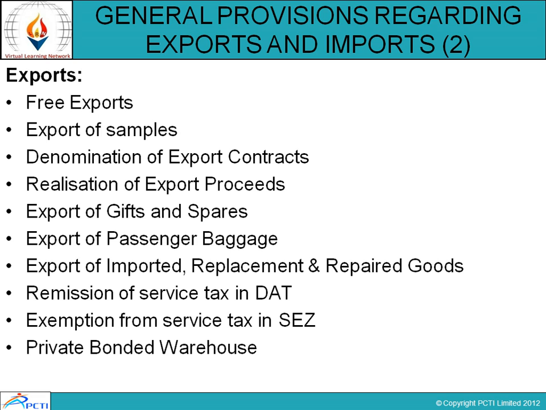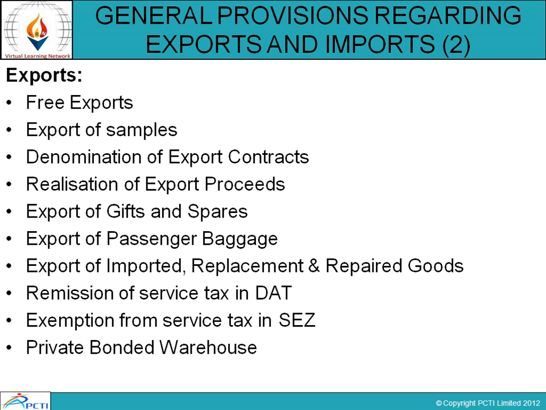Then realization of export proceeds. If any exporter fails to realize the export proceeds within the time specified by the Reserve Bank of India, he shall be liable to action in accordance with the provisions of the Act and the policy.